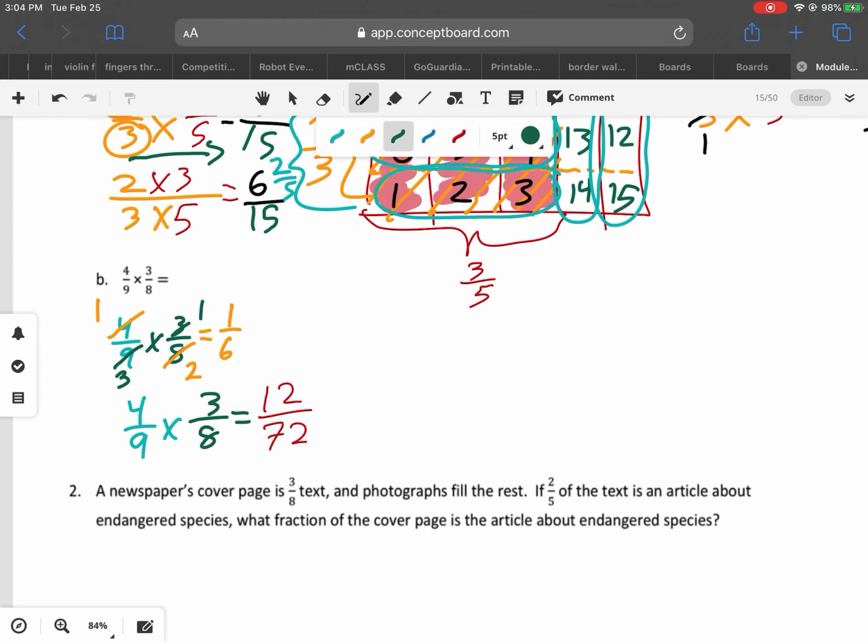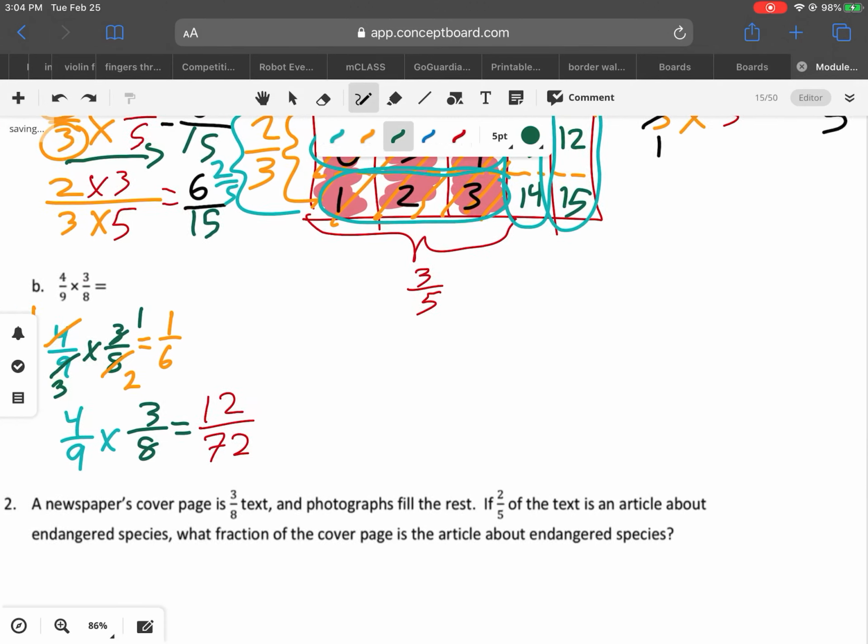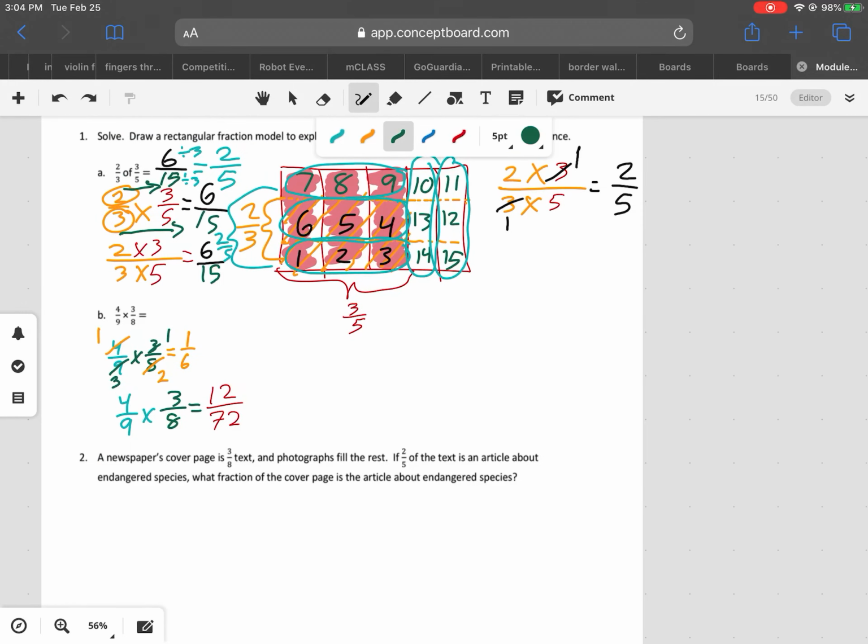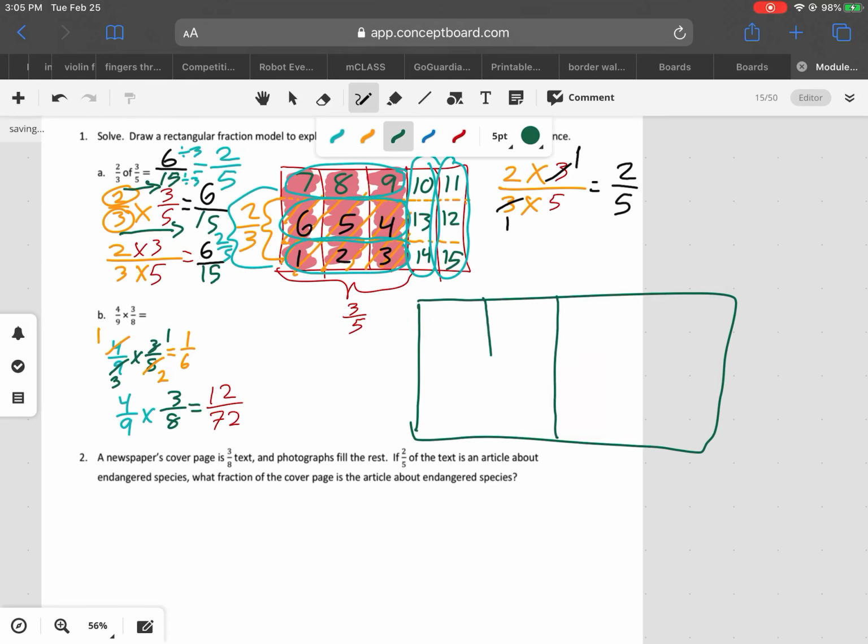Okay? But another thing you could think of is, well, let's go ahead and do it. So I'm going to do 8ths. Let me do a bigger box. Okay, so I need to do 8ths first. So I'm going to go ahead and do my 4ths. And half of 4ths is 8ths.